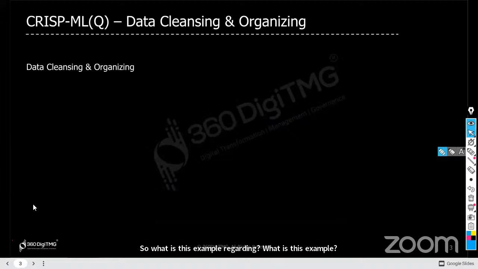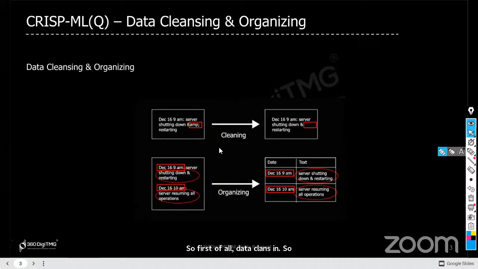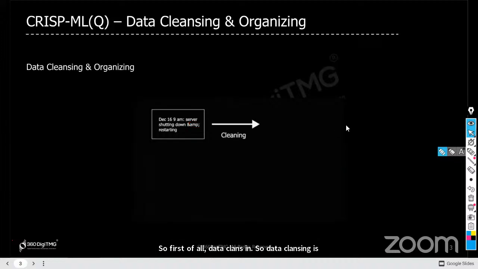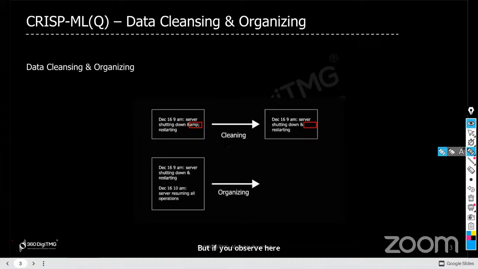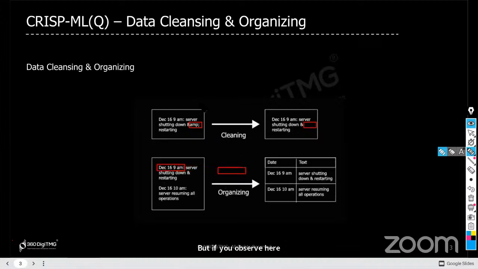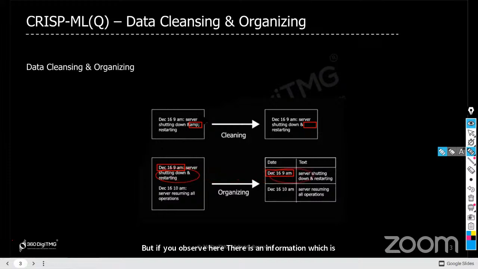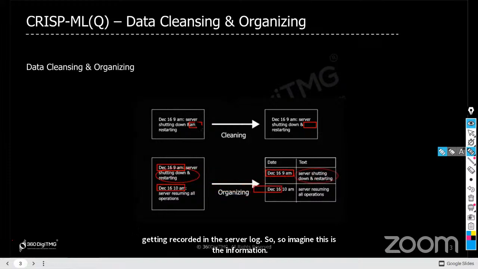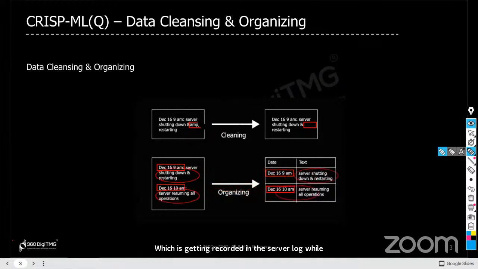First of all, data cleansing. Data cleansing is nothing but whenever we have information like this. Suppose if you observe here, there is information which is getting recorded in the server log. While recording this information, there may be some junk included, which is present over here in the red color box.